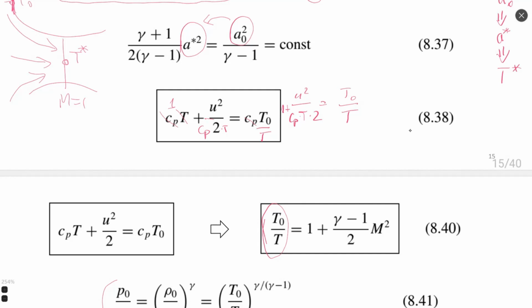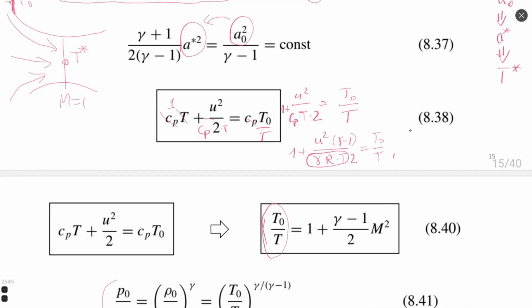So I have 1 plus U squared gamma. Here will be gamma minus 1 R. This is from definition of Cp. Then we multiply by T and multiply by 2. This is what we already had. It will be equal to T0 divided by T. Okay, now it's clear because this part right here is speed of sound squared.